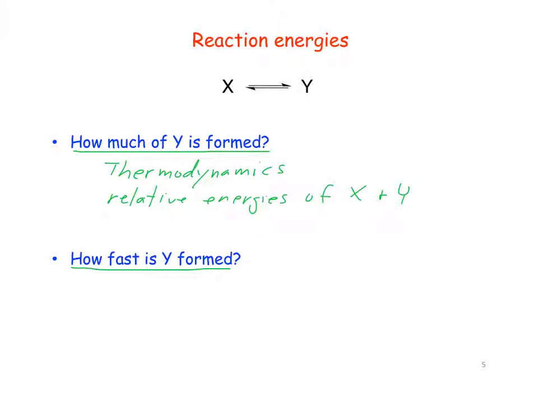And so this process usually is in equilibrium, and the position of that equilibrium is controlled by those relative energies, and it's also described by something we call the equilibrium constant. Okay, so this tells us where the equilibrium is going to lie.